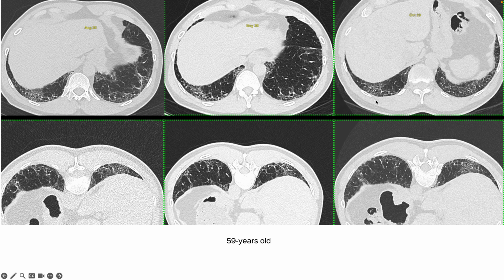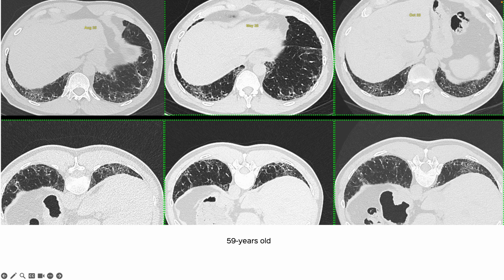59-year-old, reticular opacities, traction bronchiectasis, and I've put in prone images here because the prone images are so much better at making us understand the disease pattern, especially when it is mild disease, like in this patient who didn't have anything in the upper lobes.